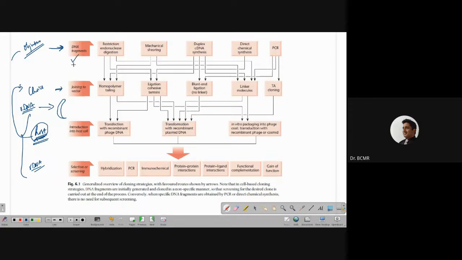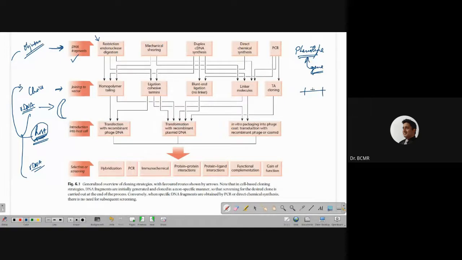First thing is the gene of interest. How do we get the gene of interest? We might have seen a phenotype somewhere, and because of that phenotype, we would have decided, okay, maybe we need to find a gene that is actually causing the phenotype, and that is how we will have our own interest. To get that, we can do it by restriction endonuclease digestion.